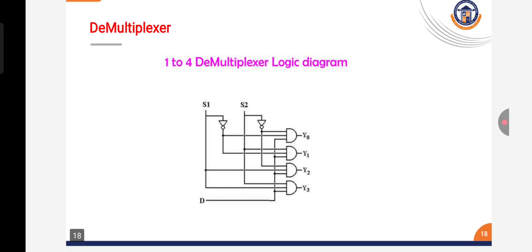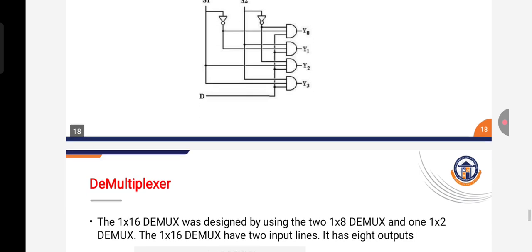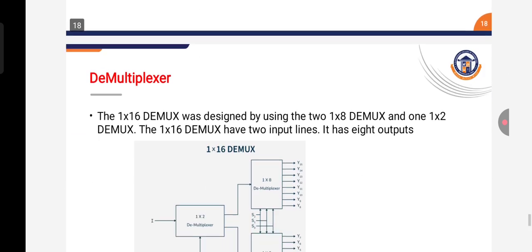When S1 S0 is 0 1, the Y1 line is selected. When S1 S0 is 1 0, the output Y2 is selected, and when S1 S0 is 1 1, the output line Y3 is selected, when the data input is D.